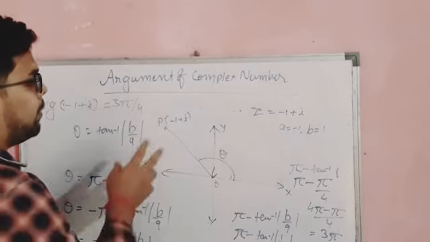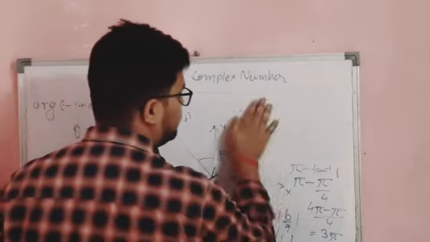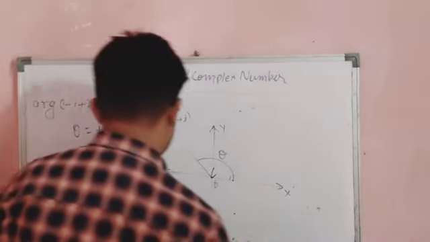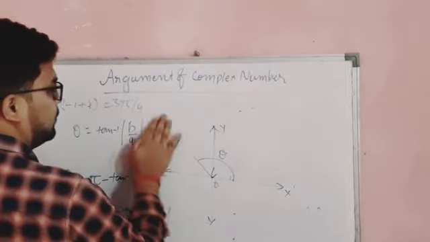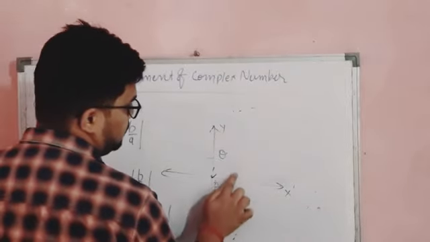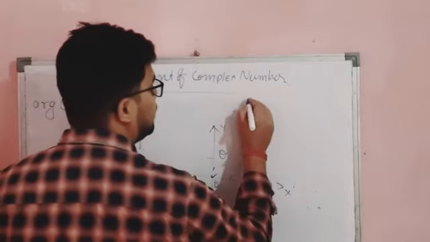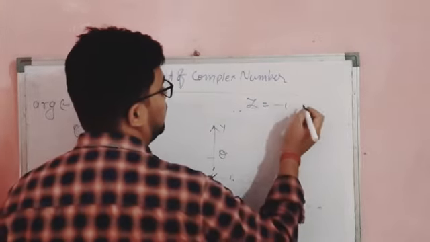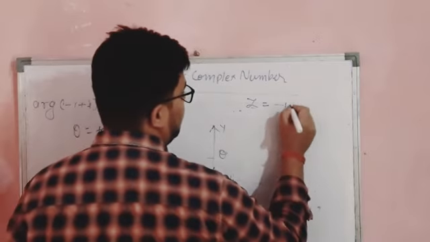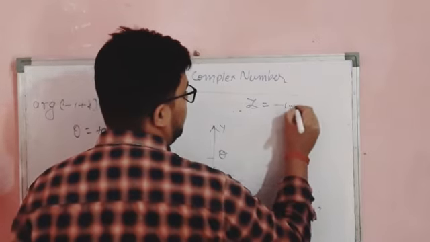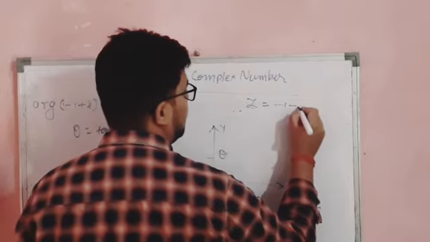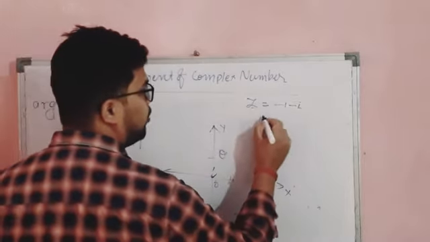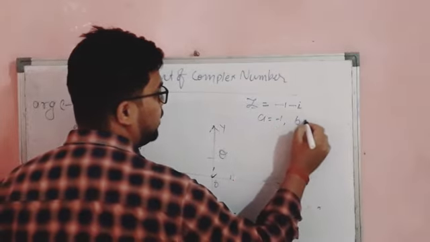I will take this complex number in the third quadrant and try to find its argument. Let z is equal to minus 1 minus i. Now what is the value of a here? Minus 1. And what is the value of b here?